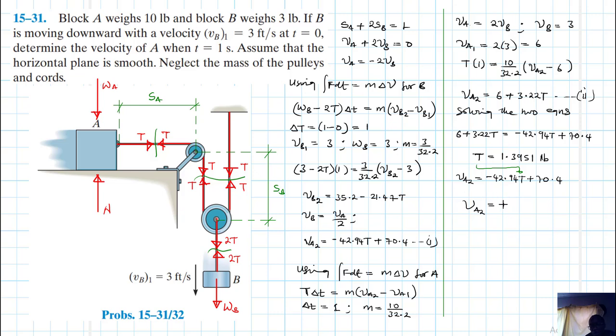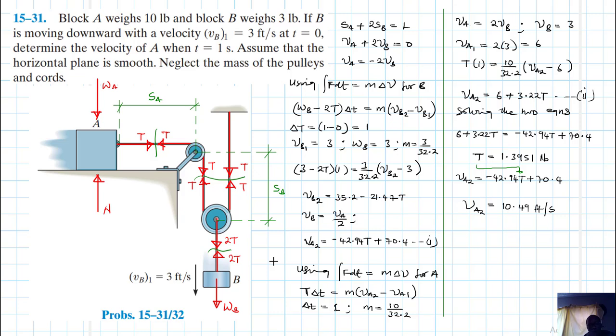This we get as 10.49 feet per second. All right, that's the velocity of A when t is equal to 1 second.